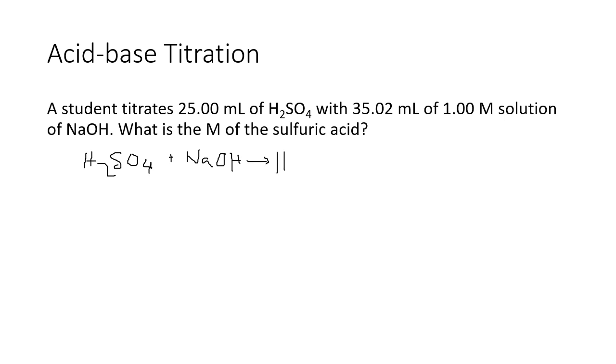Again, acid-base reaction always makes water. And a salt. But in this case, in order to charge balance, you need 2 sodiums. So that means that you have to have 2 of these, and in order to balance it, we've got 2 of these. This is not a 1-to-1 ratio. That is important. It is not a 1-to-1 ratio.